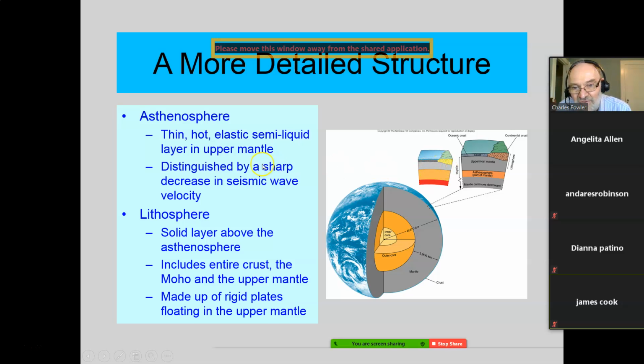It's distinguished by a sharp decrease in seismic wave velocity. Seismic waves coming from here, going to there, drop in velocity quickly because it's less dense. Okay, now that gives another name here. Asthenosphere is this semi-liquid range that's in between the upper mantle and the lower mantle.